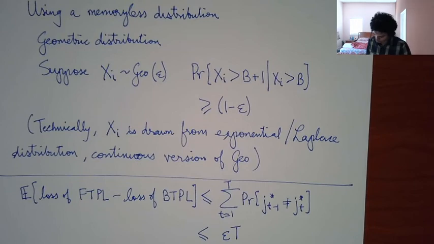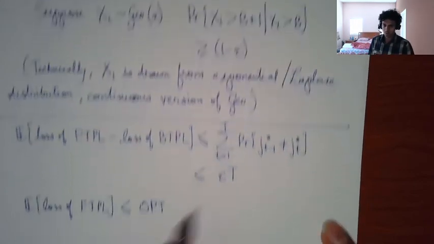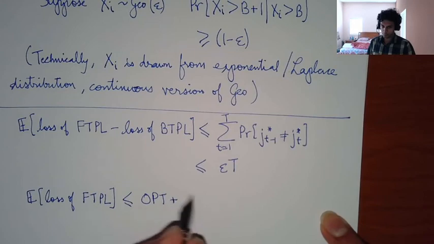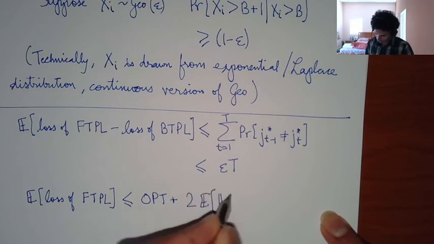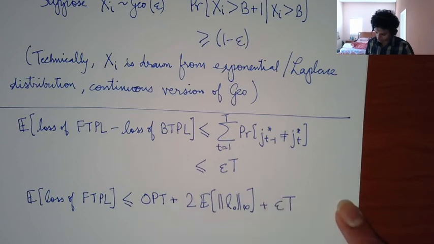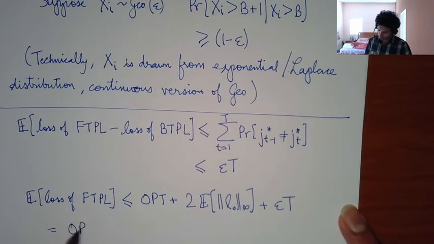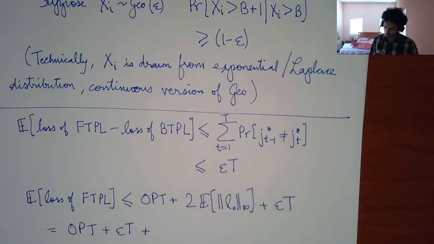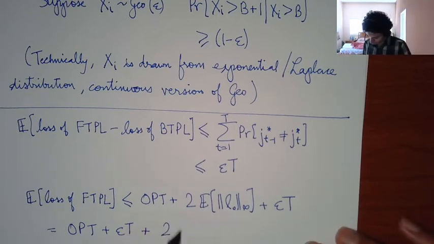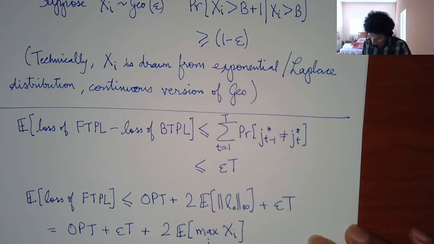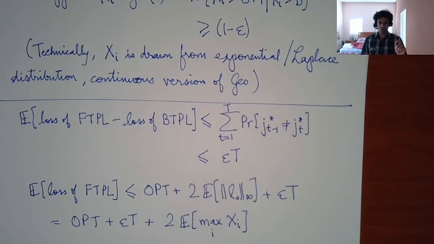So it's opt plus 2 times the expected infinity norm, plus epsilon times T. So I'm just going to rewrite this as opt plus epsilon times T plus, and you actually don't even need the factor 2 because all the random variables are positive, but anyway, 2 times the expectation of the max over all i of xi, because all these losses were basically like xi.